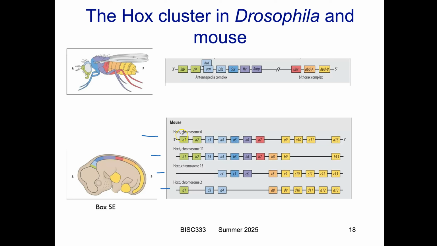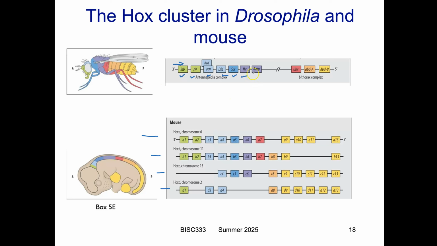But they are still organized the way the antennapedia complex and bithorax complex are organized in flies. Transcriptionally, this is the direction these guys are transcribed in. And the ones that are transcribed earlier are more anterior, and then they're more and more posterior as you move along.